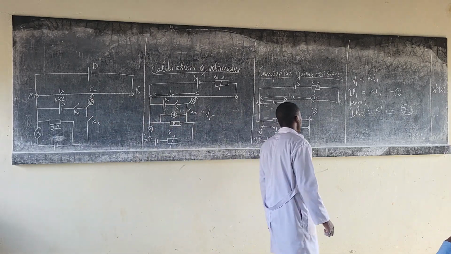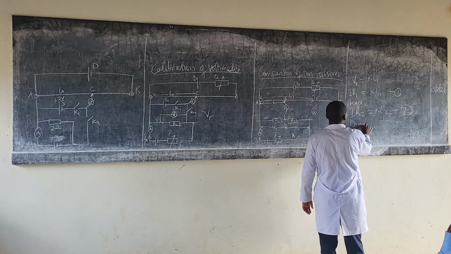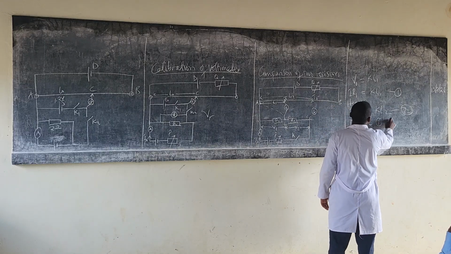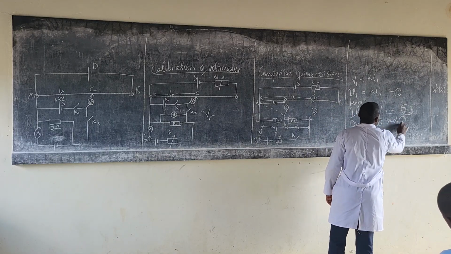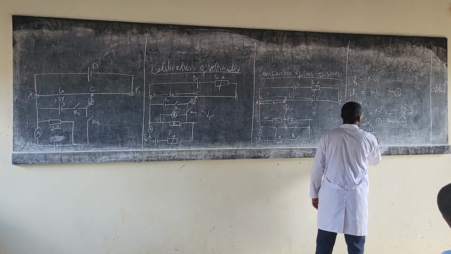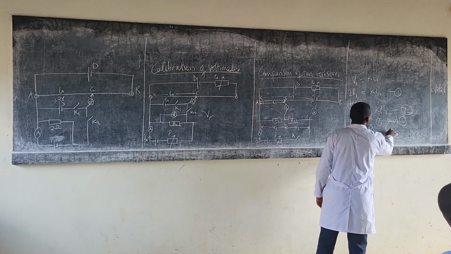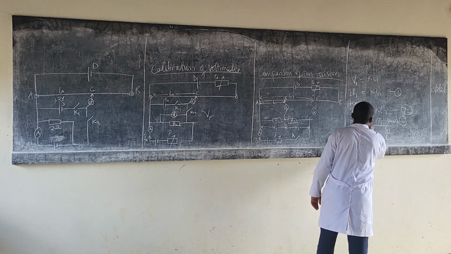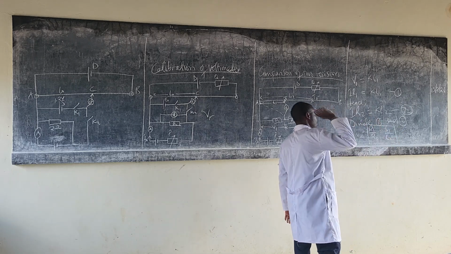So if you divide 1 by 2, convince yourselves that you will get R1 over R2 equals L1 over L2.